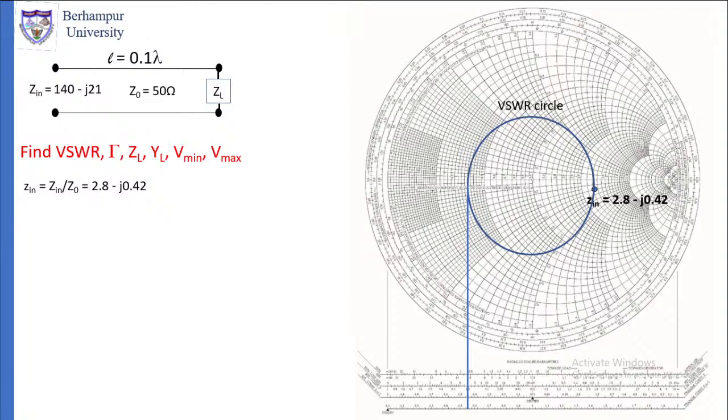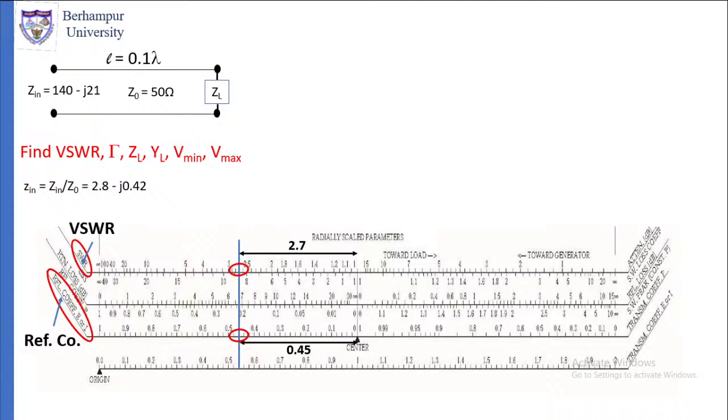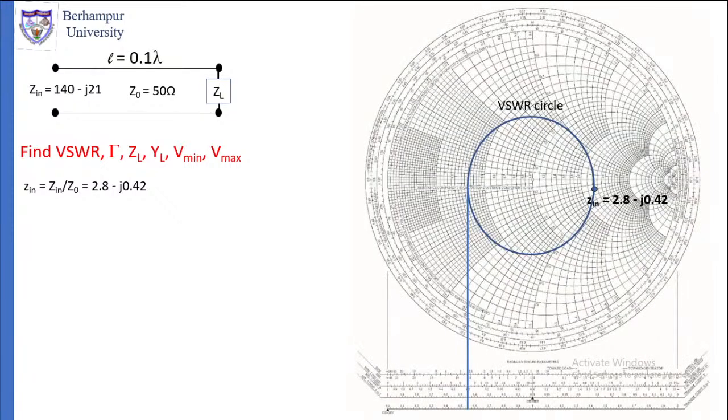There is another way of finding the VSWR also. Look at the right-hand side, where the circle crosses the horizontal line. Find the value at that point; that value is the VSWR. So either way you can find the VSWR value.